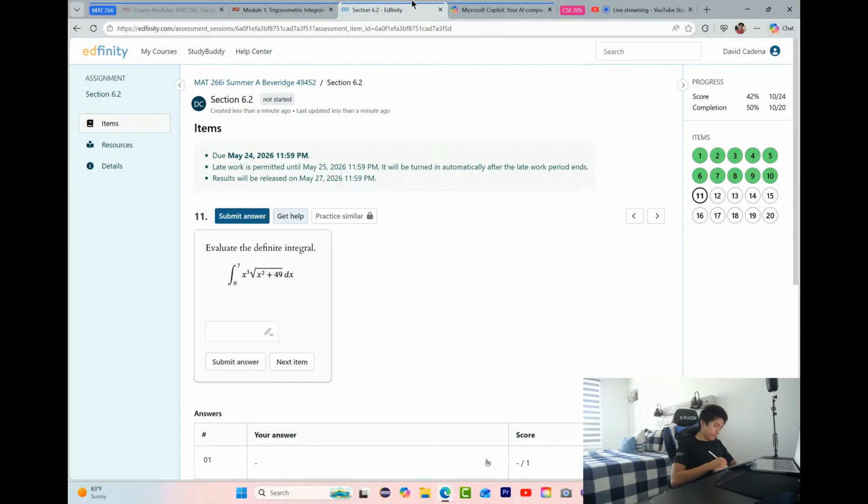So we have 7 to the power of 4 times secant of 7 tangent of 7 minus secant of 0 tangent of 0 plus c. Cool.